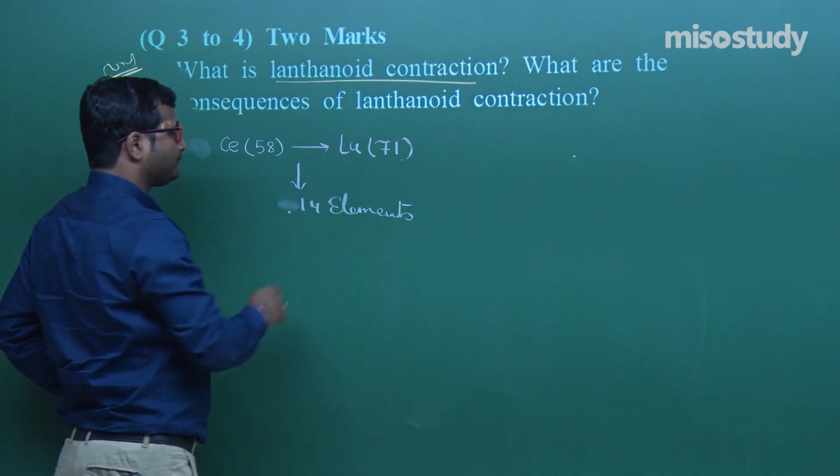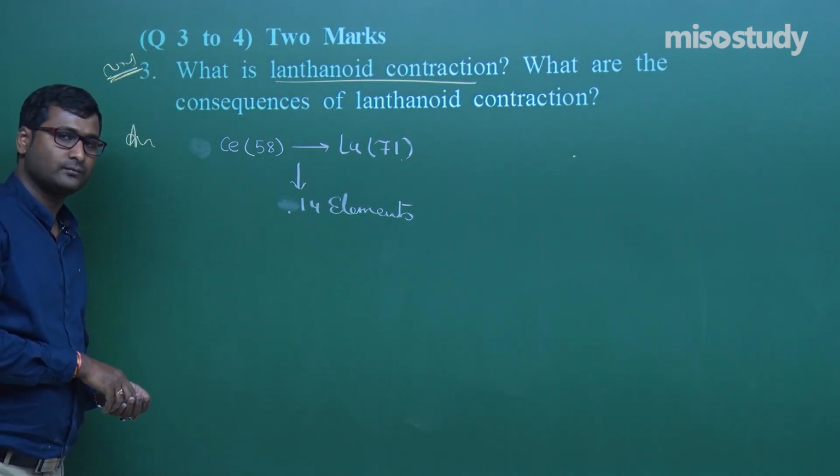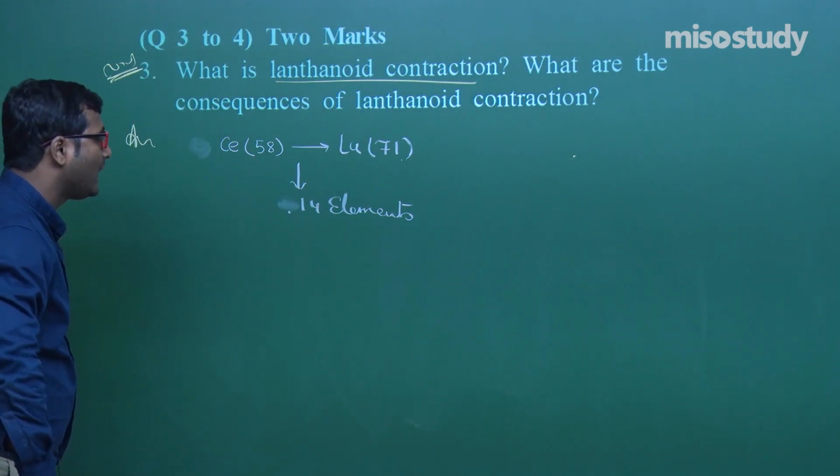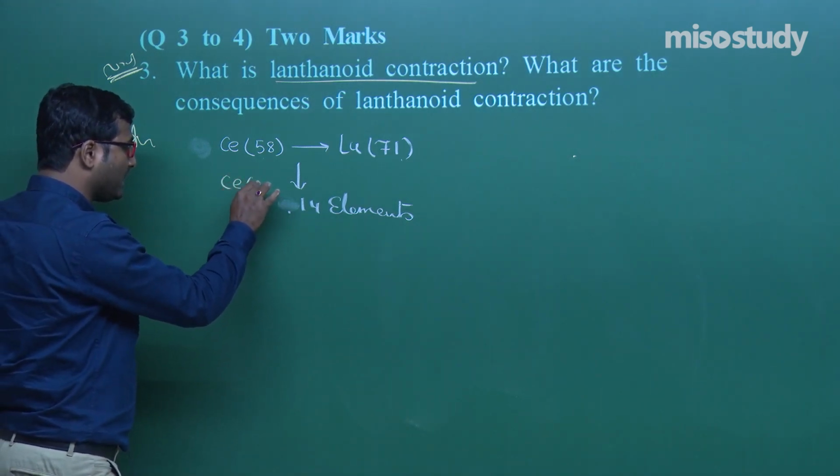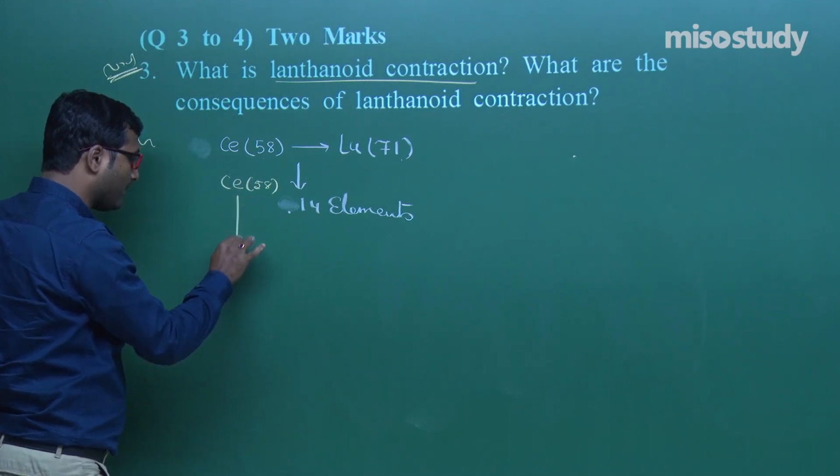58 to 71. Clear? Now what do we observe when we move from cerium to lutetium?